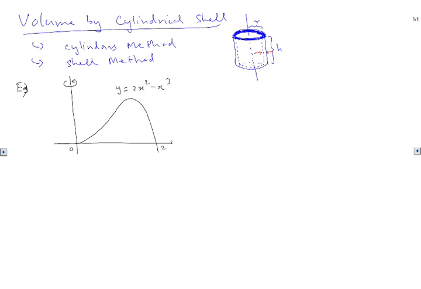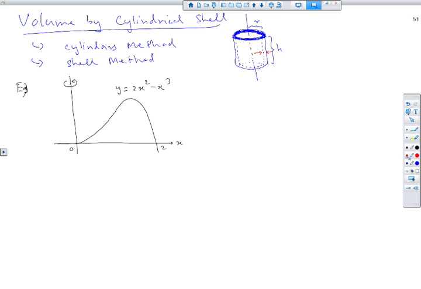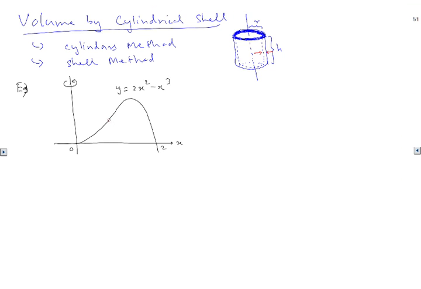Now if you try to use the previous method, since we rotate about the y-axis, we're gonna cut perpendicular to the y-axis. If you want to use the washer method, your typical cross section is gonna be like this.